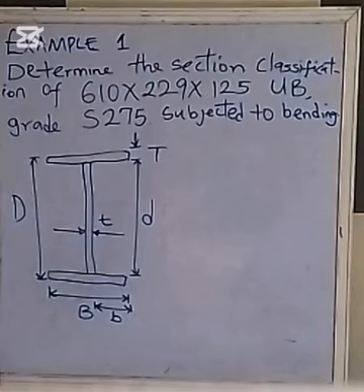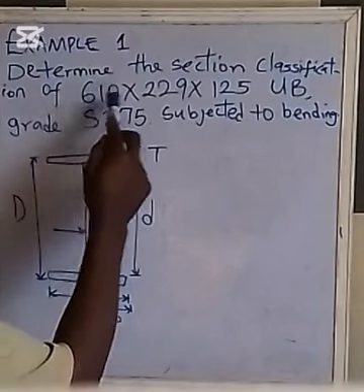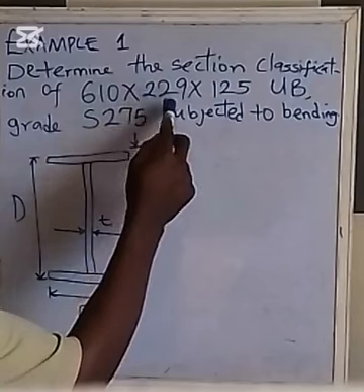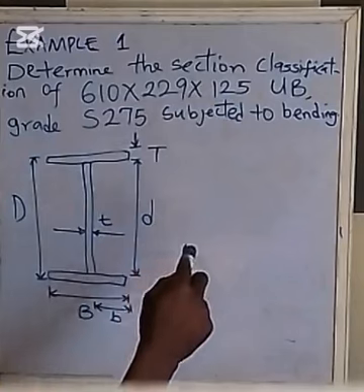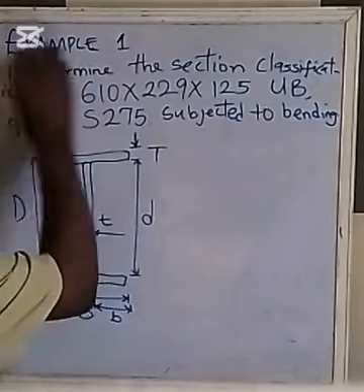So from our steel table, you are going to trace this section of beam 610 by 229 by 125 under the universal beam section. So that's what we are going to be doing right now.